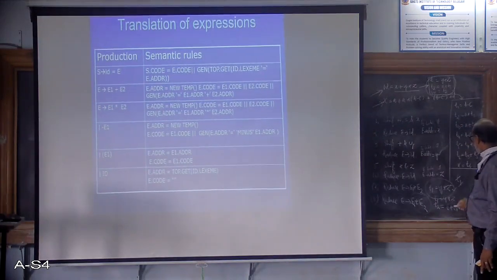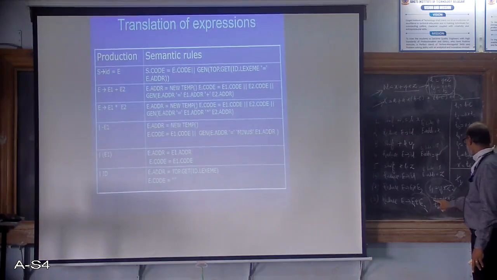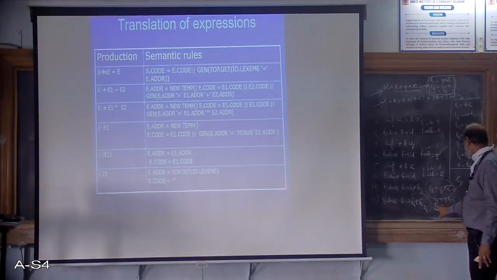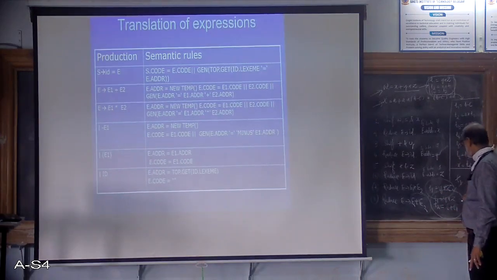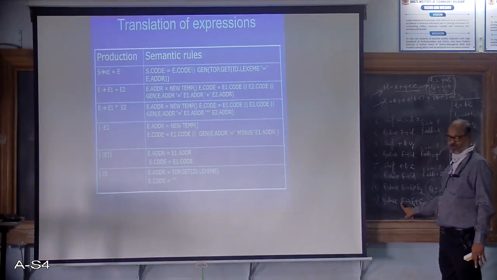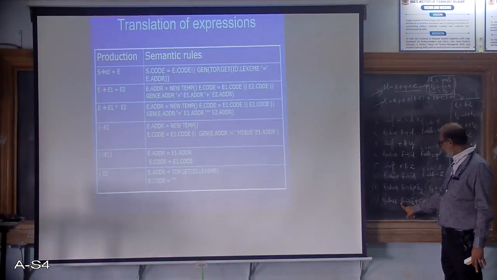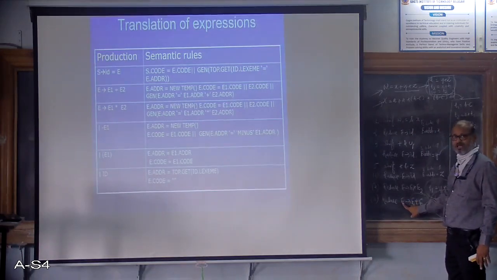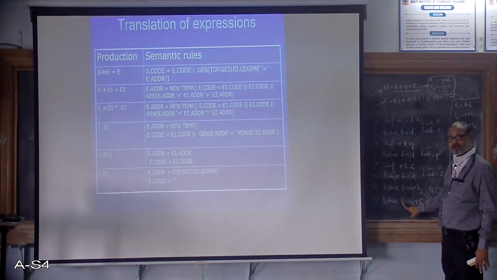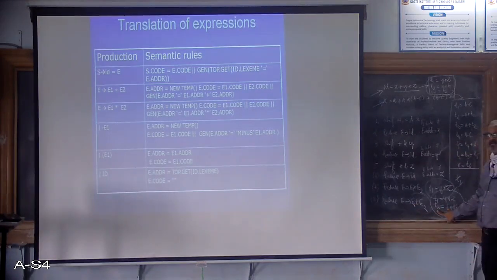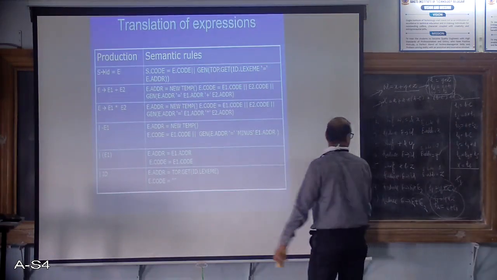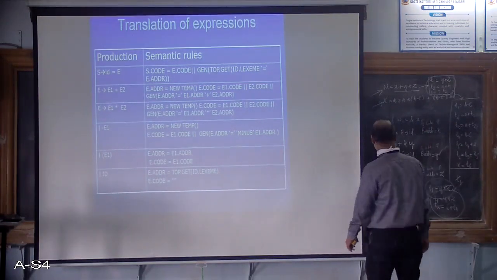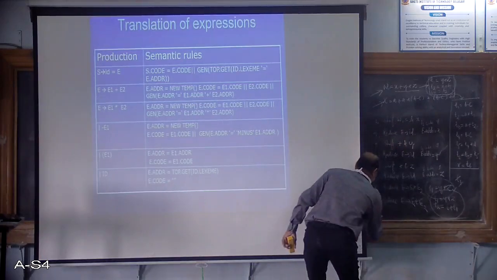So the sequence of 3 address codes is T1 equal to Y into Z, and T2 equal to X plus T1. This becomes my E dot code, the sequence of 3 address codes to evaluate the head of the production. And what is its value? That is E dot address, which is nothing but T2. Next, what is the next course of action? Ninth step.